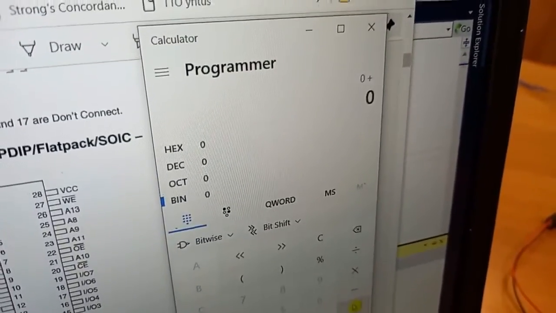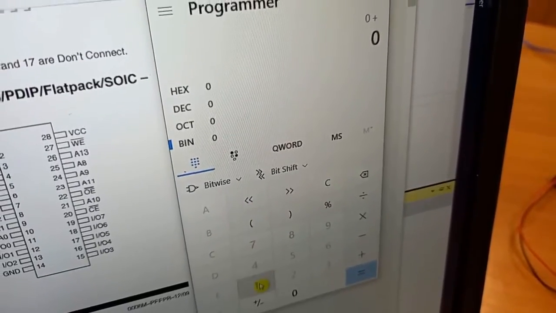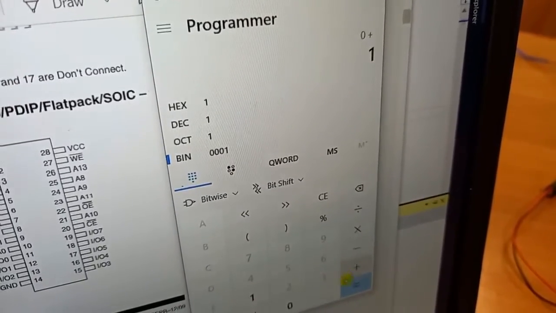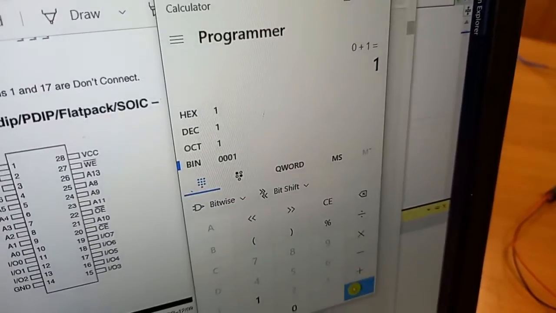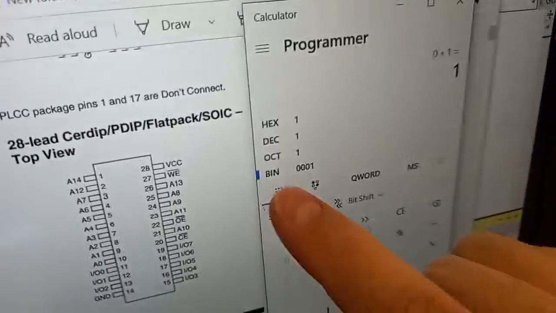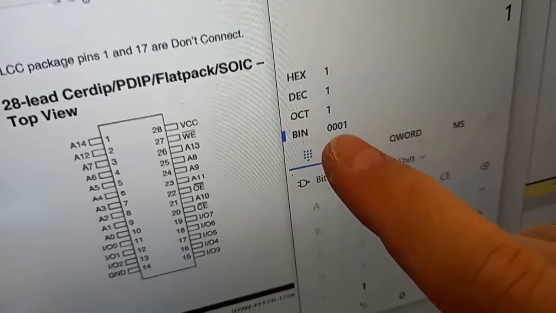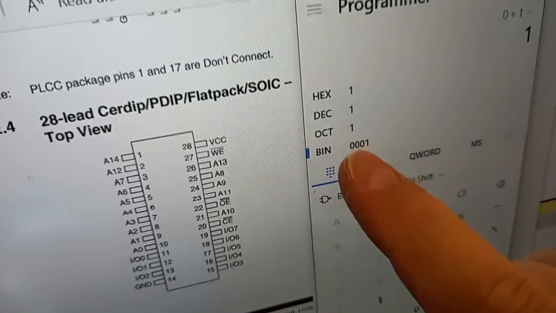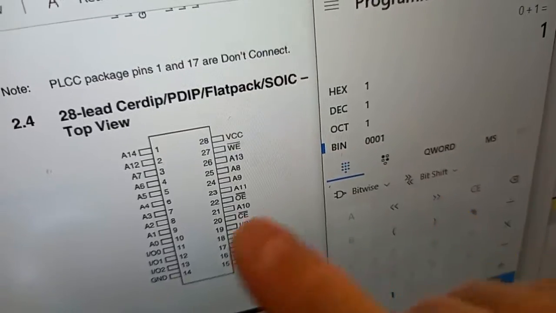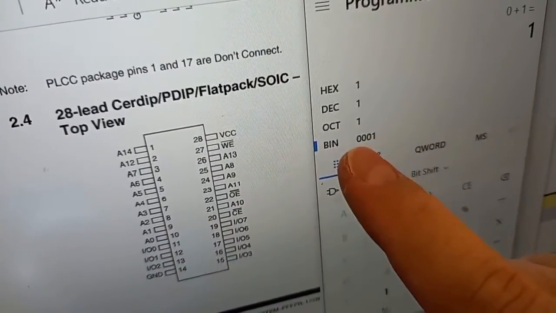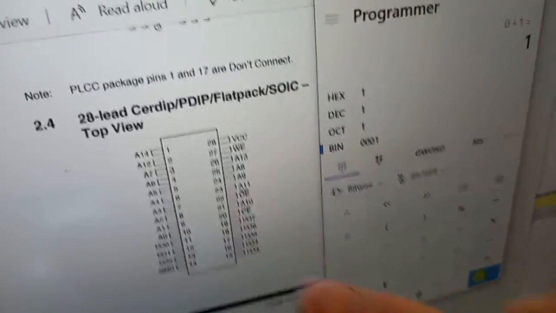When we add 1, what do we get? Yeah, we have 1 at A0, and 0 at A1, A2, A3, and all the rest are 0.